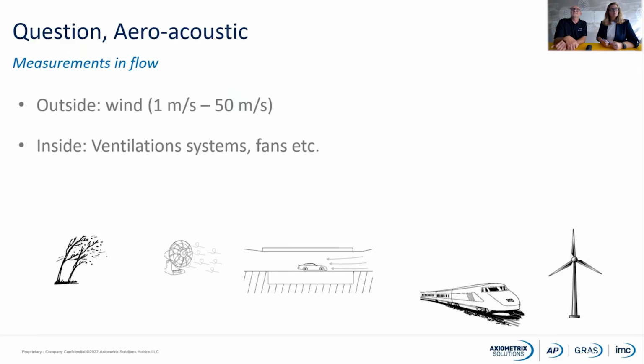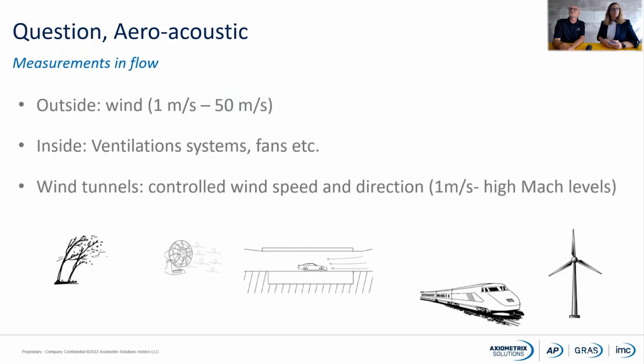We can do inside measurements in ventilation systems, measurements on fans, and things like that. We can also do measurements in wind tunnels, where we have a more controlled wind speed and direction, where we might be able to measure from 1 meter per second and up to high Mach levels.